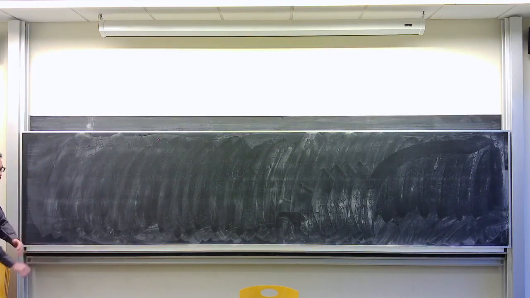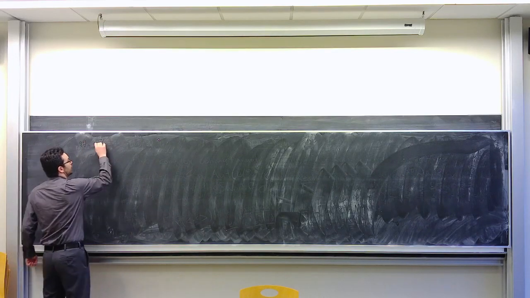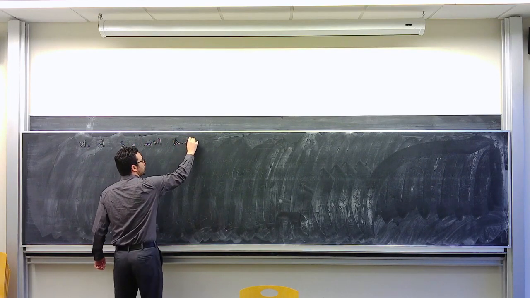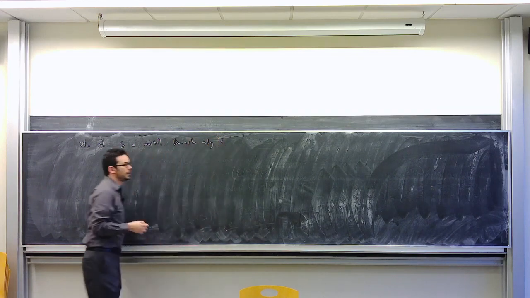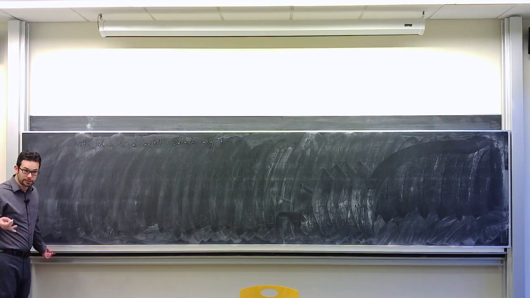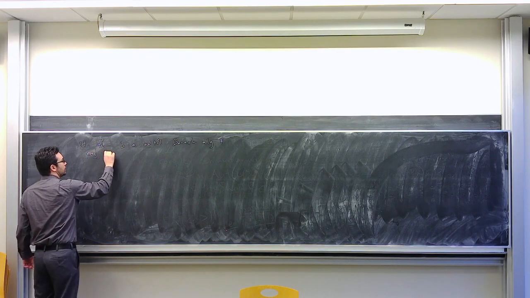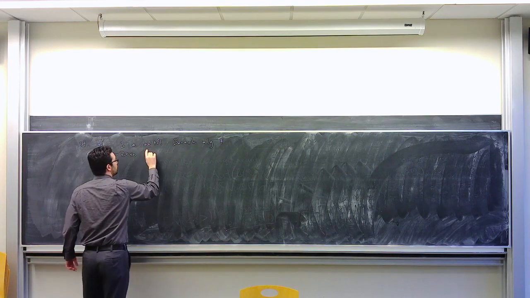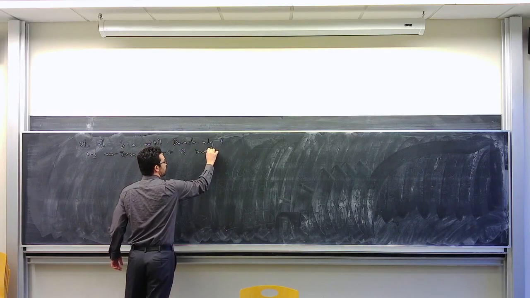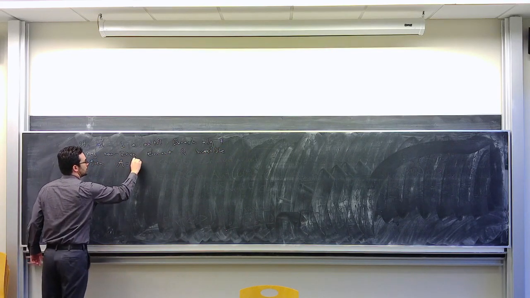So last time we ended with this Gelfand-Mazur theorem, which says that if A is a unital Banach algebra, and every non-zero element is invertible, then A has to be the scalars.